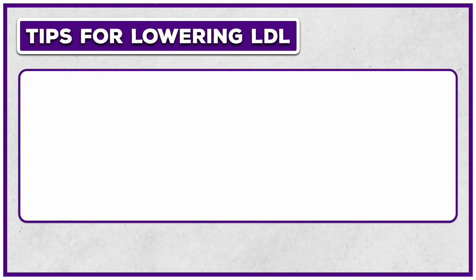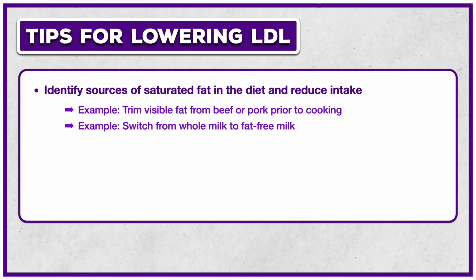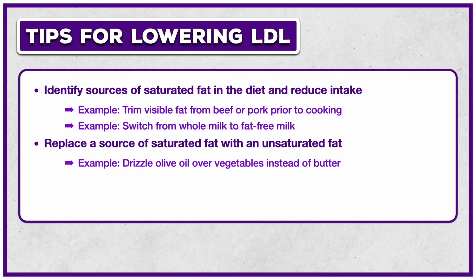Starting with tips for lowering LDL, there are 3 actions a person can take. First, they can identify sources of saturated fat in the diet and reduce intake. For instance, they could trim visible fat from beef or pork prior to cooking, or switch from whole milk to fat-free milk. Second, they can replace a source of saturated fat with an unsaturated fat, which does not have the same undesirable effect on LDL.